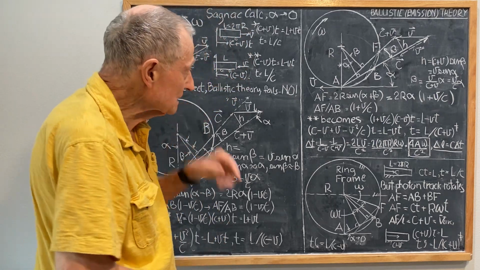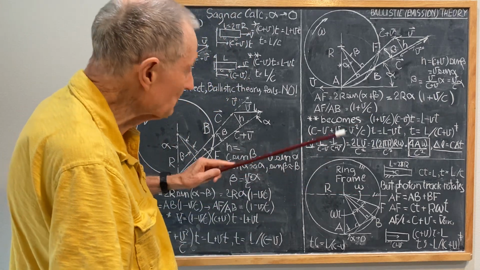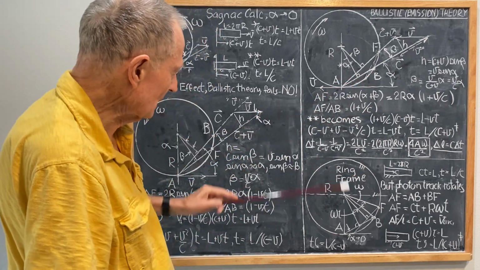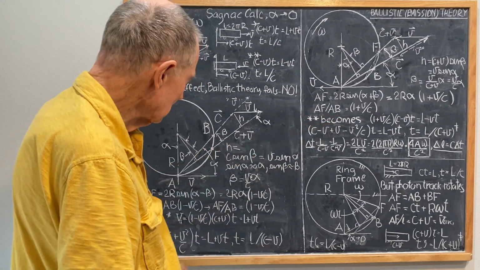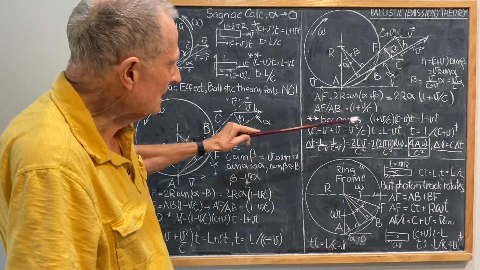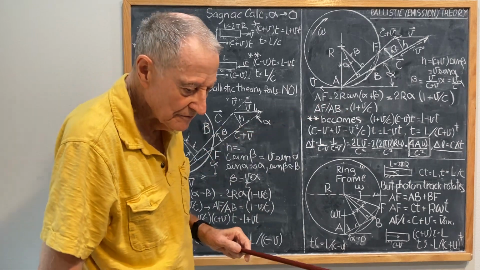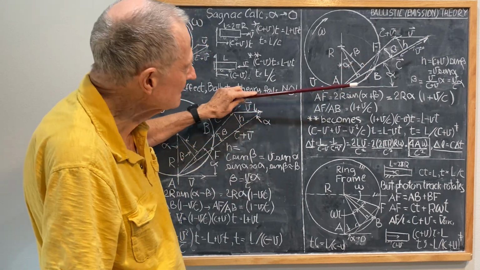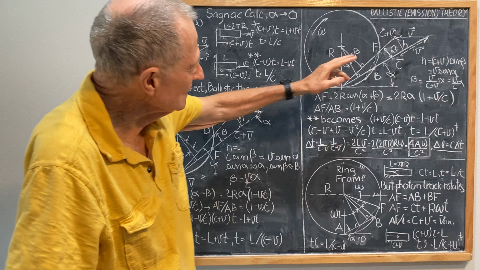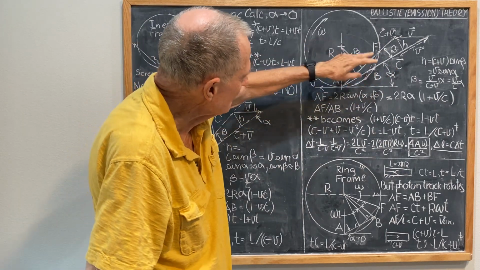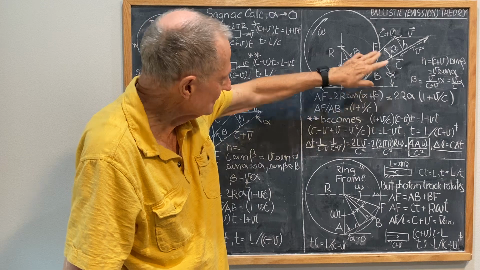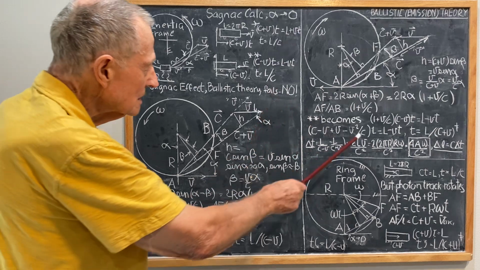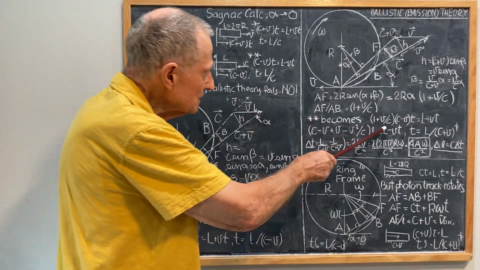And then, again, as alpha approaches 0, 2r alpha is AB, and AF over AB equals 1 plus v over c, and that now is the correction factor due to the fact that c plus v never becomes completely tangent. As long as you have a factor v, B and F are always going to be slightly different, and that's the correction.